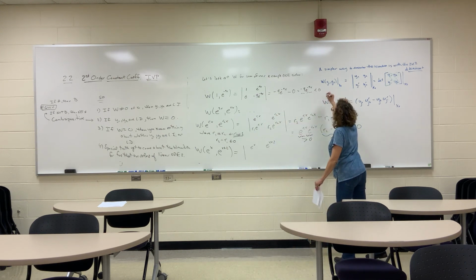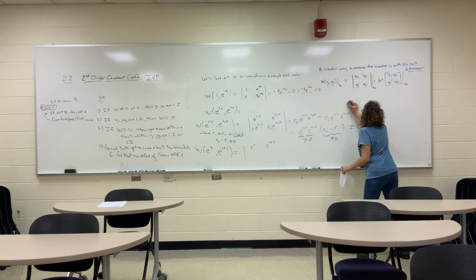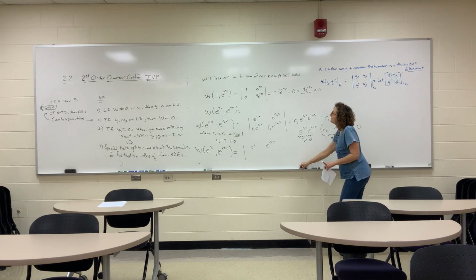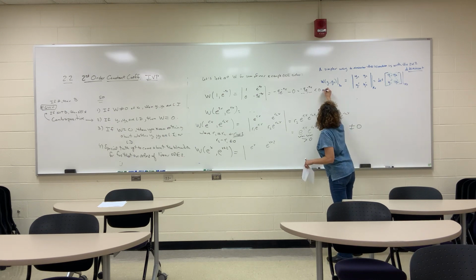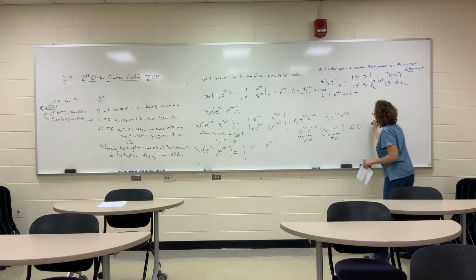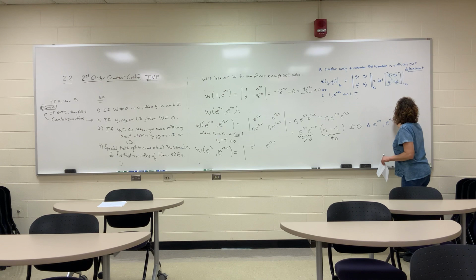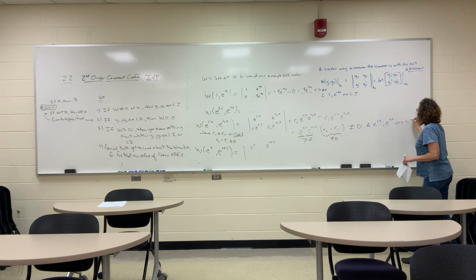I should be careful. I guess we never did make any conclusion. So, not 0, therefore 1 and e to the negative 9x are linearly independent. Not 0, therefore e to the r1x and e to the r2x are linearly independent when r1 is not equal to r2.